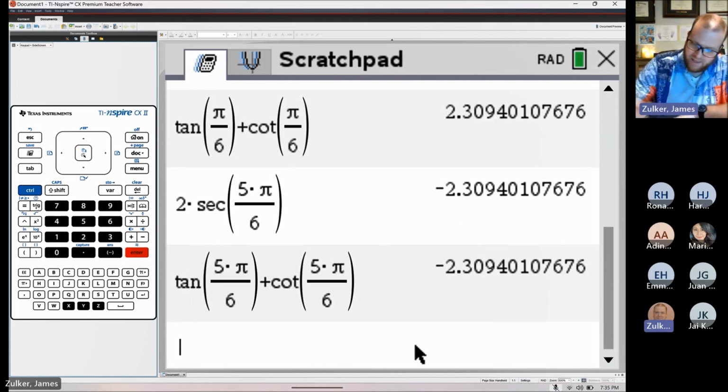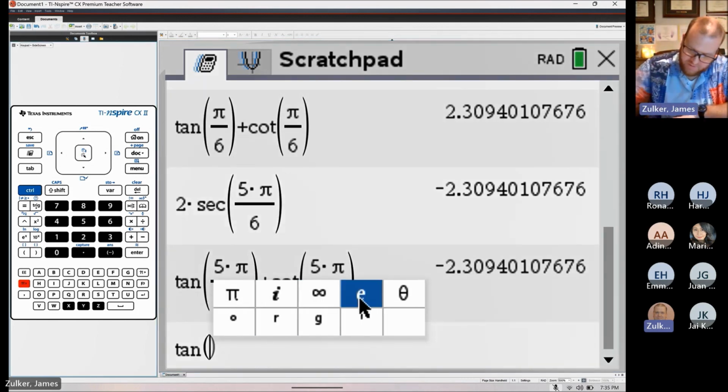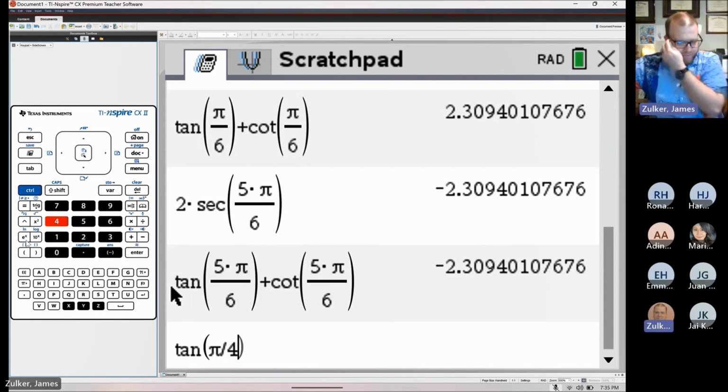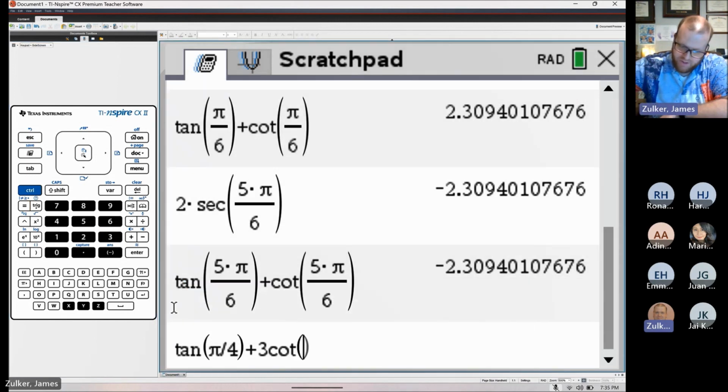And so we had tangent. First, let's try pi over 4. Then plus 3 cotangent.